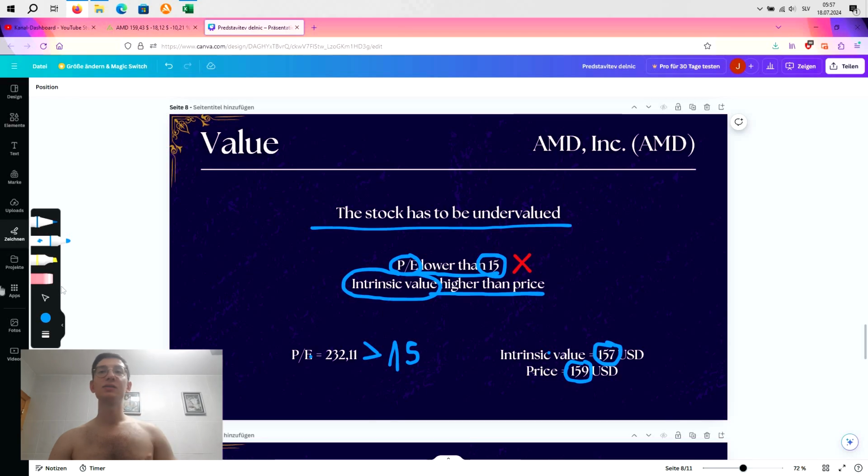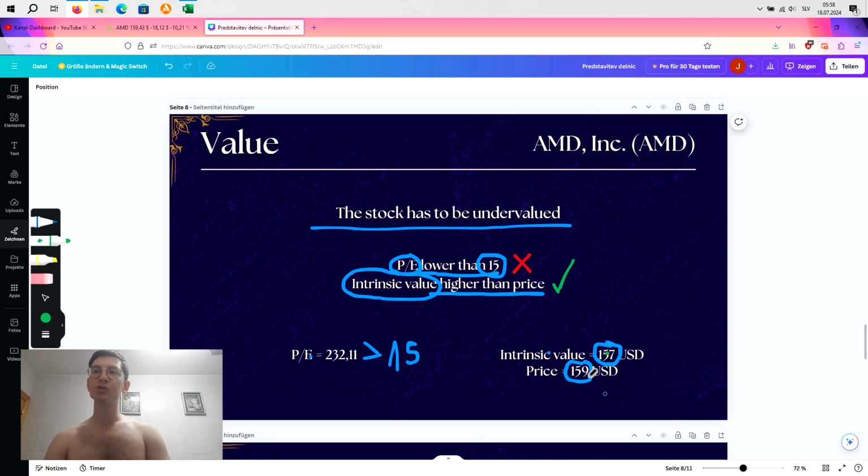So based on that, the stock is a bit overvalued, but it's around that value, so it's still kind of okay. Basically, intrinsic value tells you the price that AMD should have at this exact moment in order to be a fair price, and the price tells you the actual price. You know what I mean?